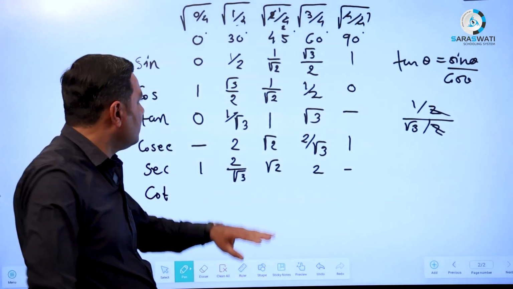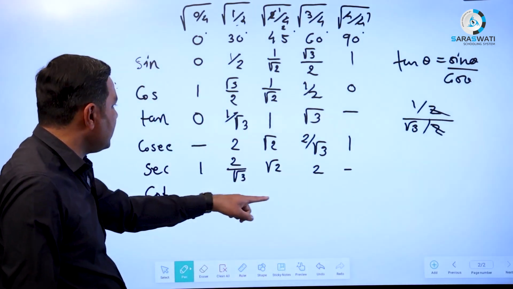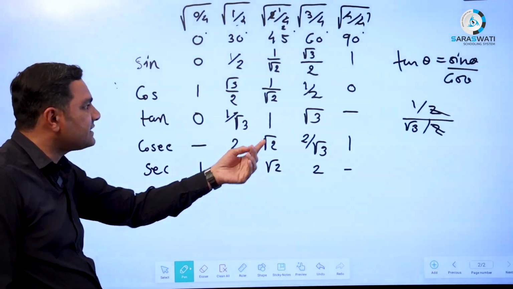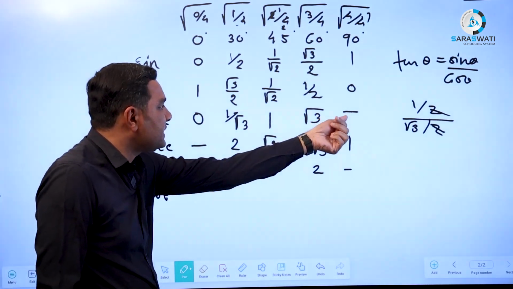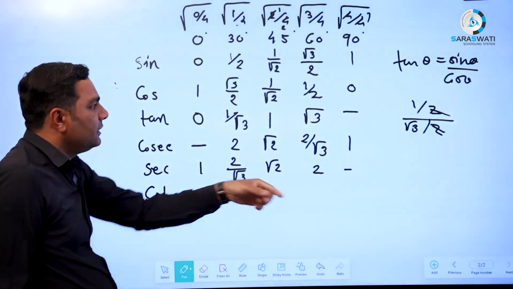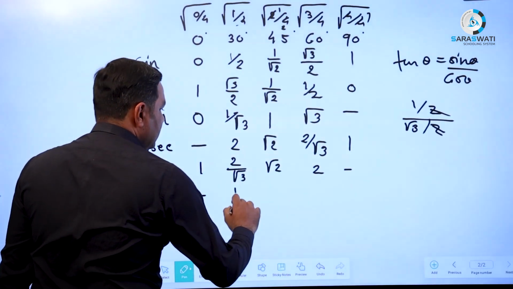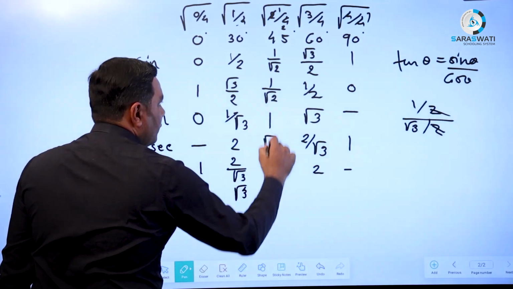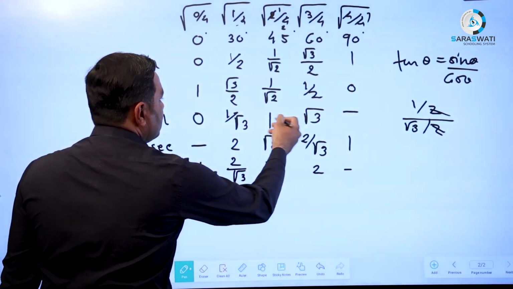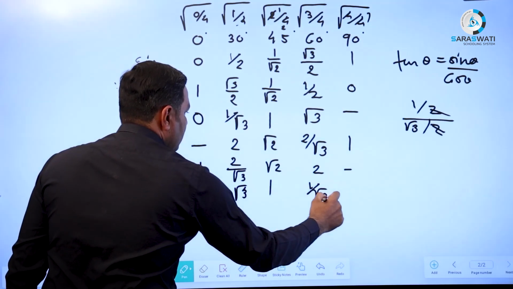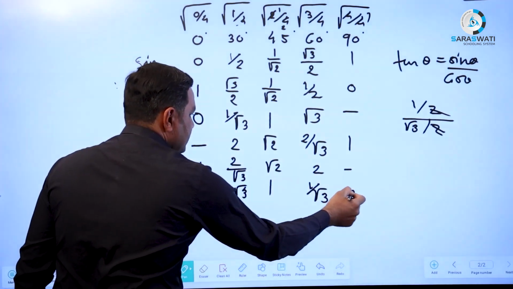And lastly, the sequence of cot will be nothing but the reciprocal of tan, or in other words you can write the sequence exactly in the reverse order of tan. So we begin with dash, root 3, then 1, 1 by root 3, and lastly it is 0.